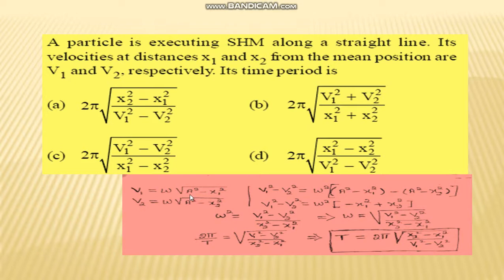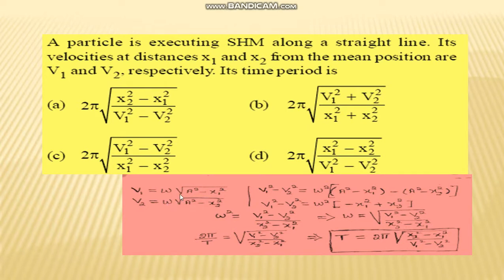Here I want omega because I want to find the time period. So there are two equations. If I cancel this a, then it is very easy to find omega. So how?